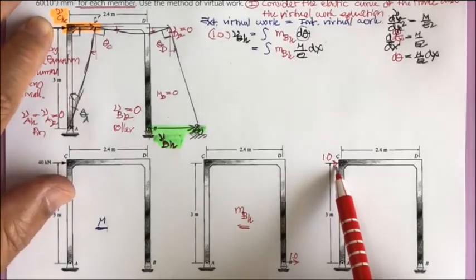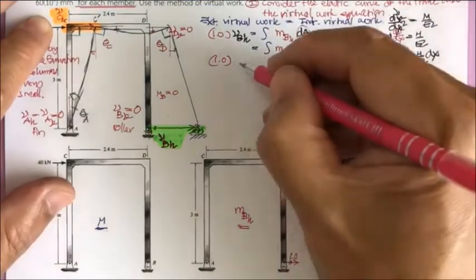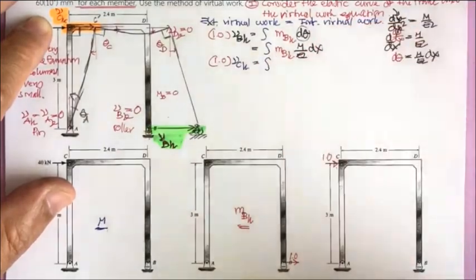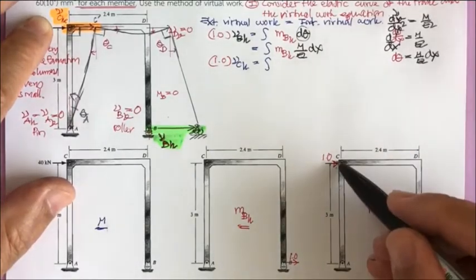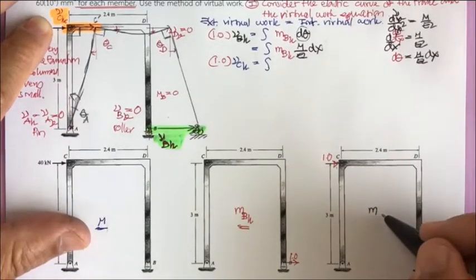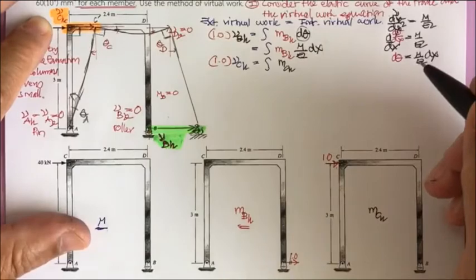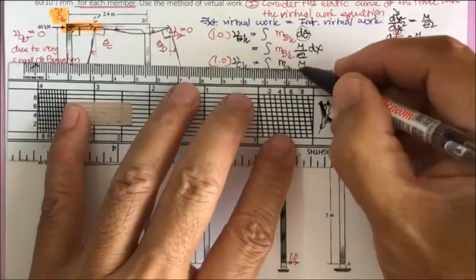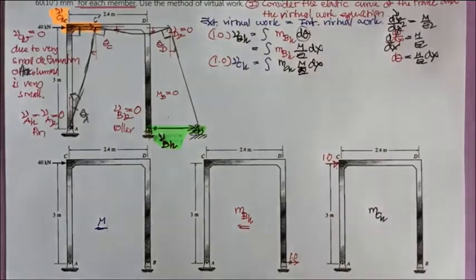So what we have is 1.0 times v sub C H, and it's going to be the integration of the moment due to the 1 unit force. This is the moment at C H, M sub CH, and then again times the change d theta, so times M over EI dx. So we have the virtual work equation as shown here.